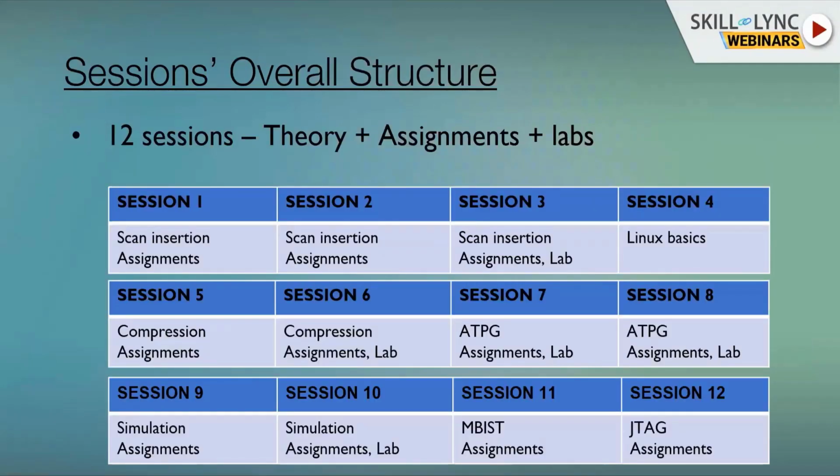The coming course is divided into 12 sessions. In the theory part, the assignments and the lab, what we cover is: in sessions 1, 2, and 3, the major focus will be to cover the scan insertion part. In session 4, Linux basics will be covered, because it's really important to know the basics of Linux, so that it will be easier for you to play with the tools.